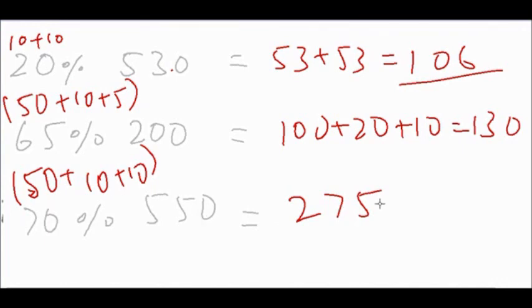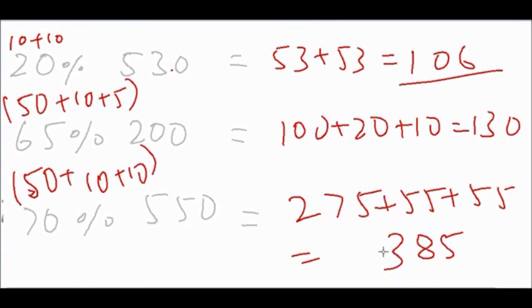Now 10% is just 55. 55 plus 55 is 110, and 275 plus 110 gives 385. So this is our answer. This is as easy as this. Try it at home and become a master of it. That's all for today, and of course thank you for watching this.